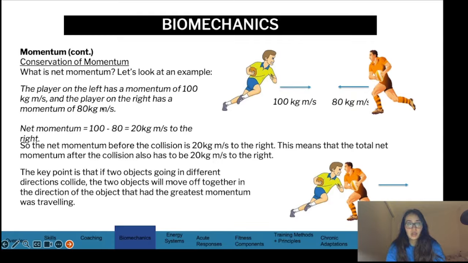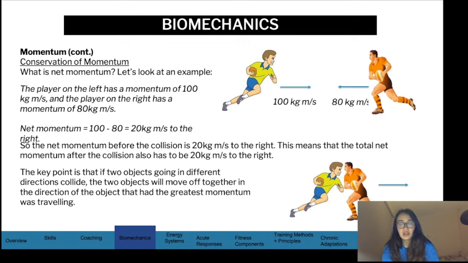So net momentum is equal to 100 take away 80, which is 20 kilogram meters per second to the right. Because we know that displacement is a vector, it has direction, and so momentum will have direction in this situation, because momentum is mass times velocity, and velocity is displacement over time.